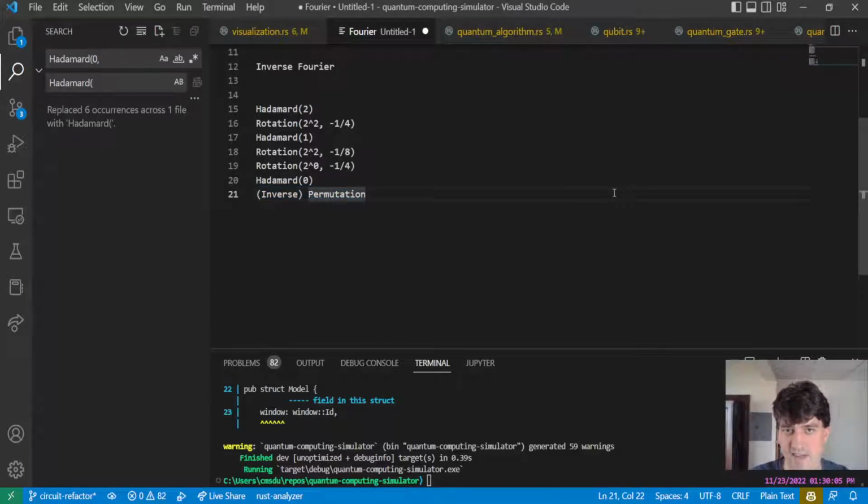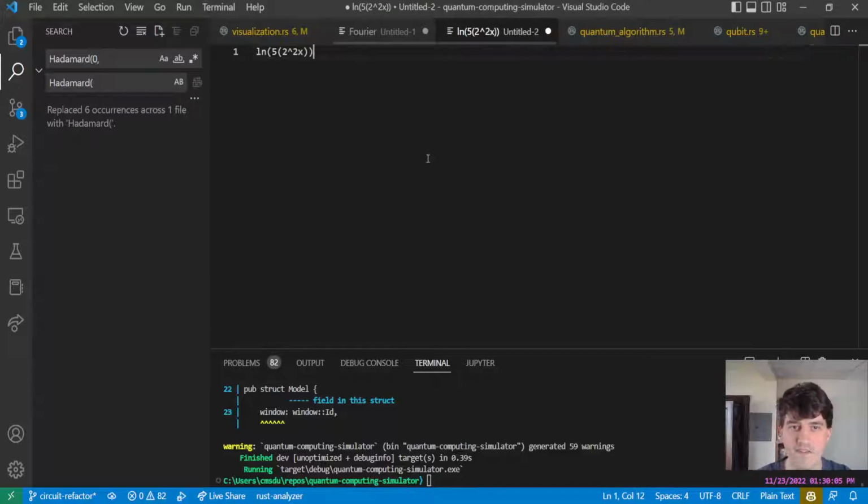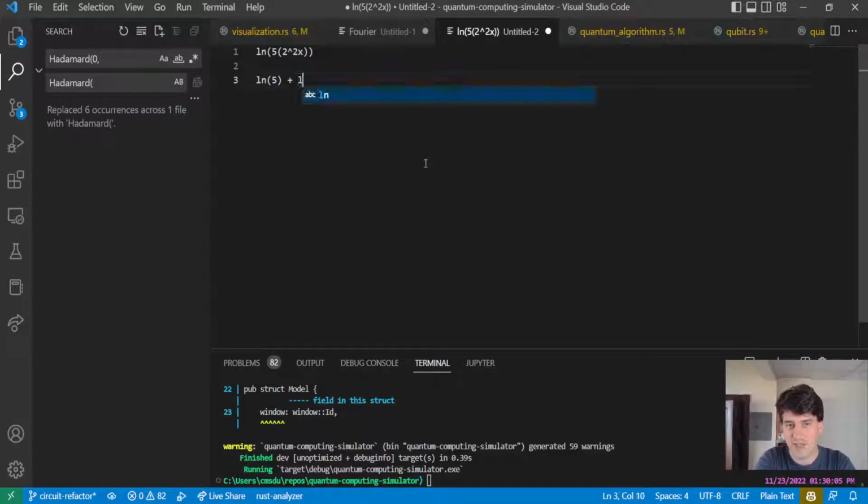Let's see. So if you've got this, right? Logging products makes them into sums. So you're going to get ln of 5 plus ln of 2 to the 2x.